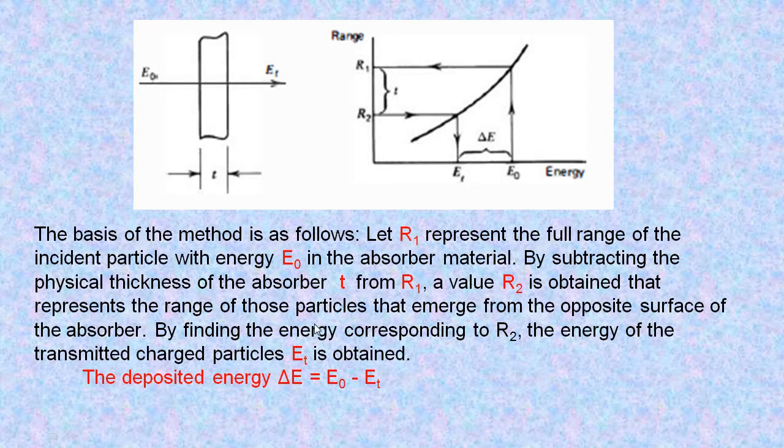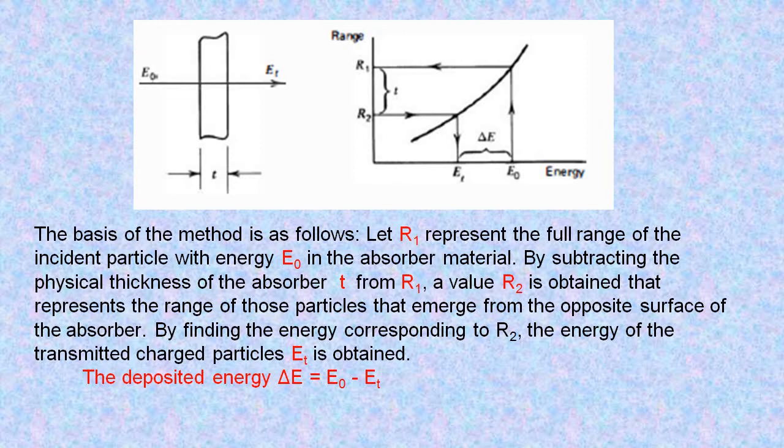So the deposited energy is E0 minus ET. So this is the way by which you are calculating the energy deposited. We have already mentioned in the last class that by having an idea regarding energy and range, you can calculate the amount of energy deposited.